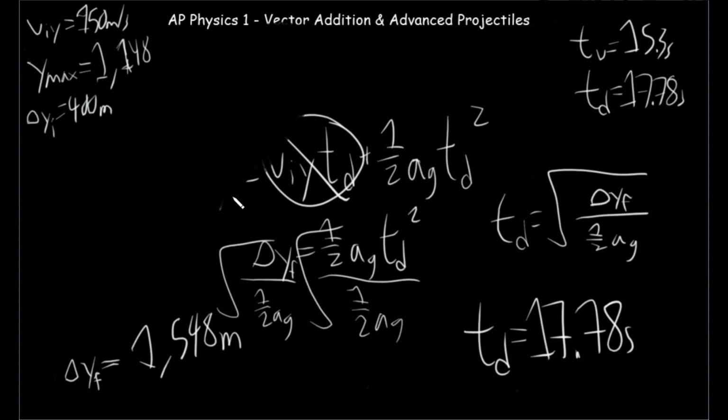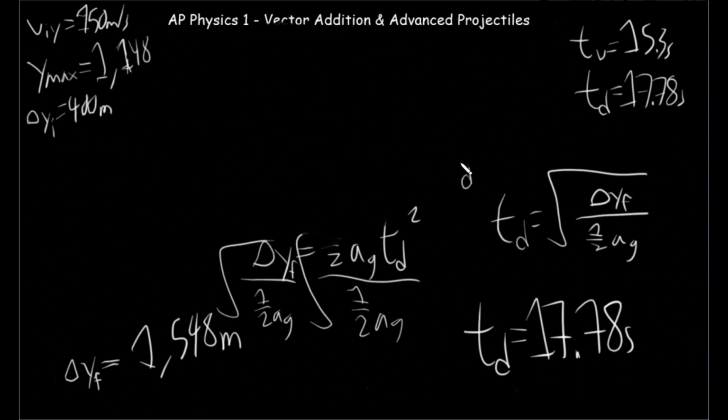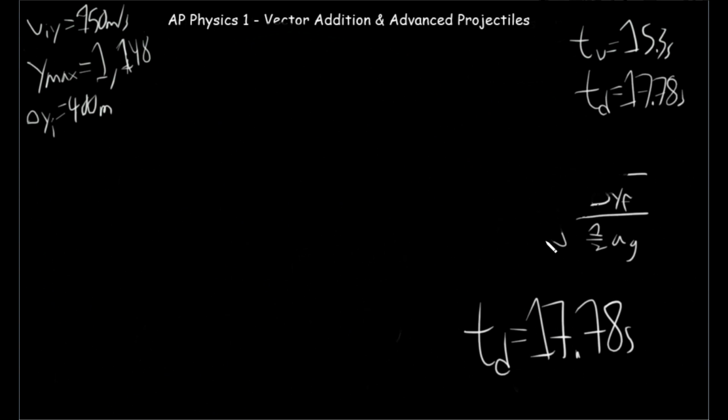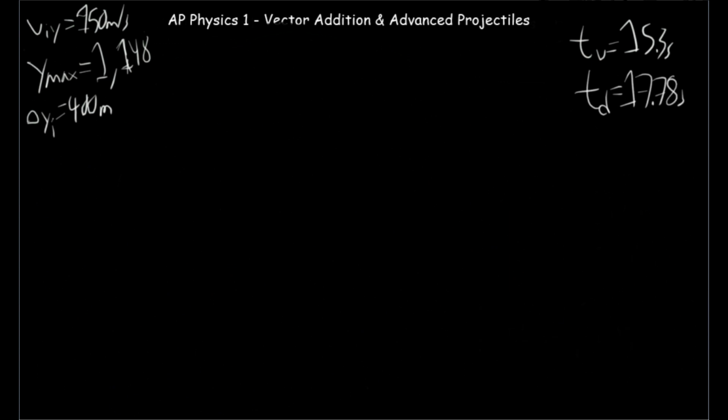Alright. Now our final step is to find delta x in this entire problem. Okay? So, to find delta x, we need v of x and t total.